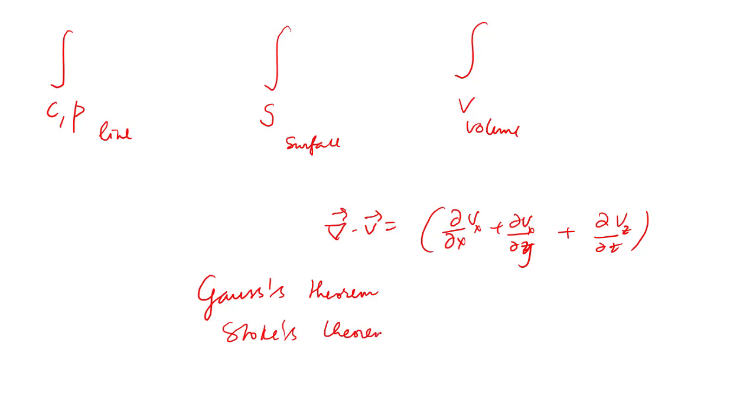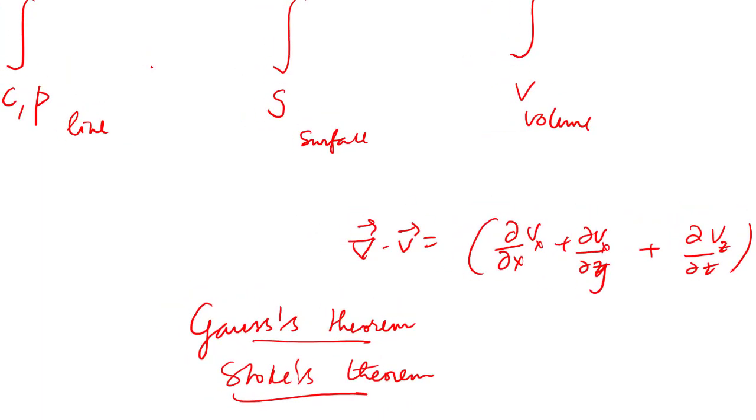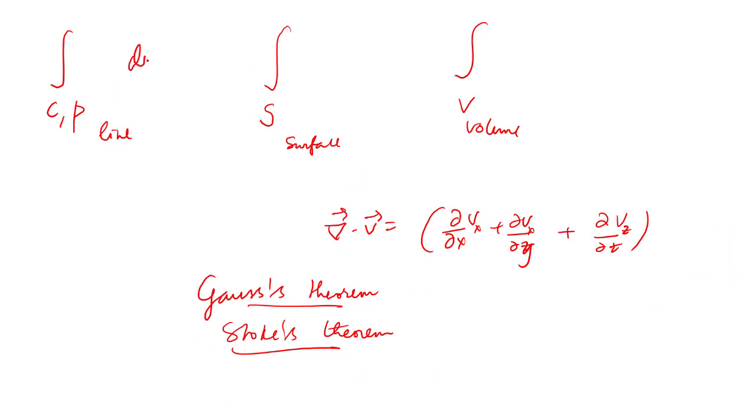And once these theorems are done, we'll look at other coordinate systems, polar coordinate systems, and look at how the line elements or surface elements in the integrals change when we change to different coordinate systems. That's what we will look at next. And finally, we will introduce the Dirac delta function, and that should sum up our chapter 1.